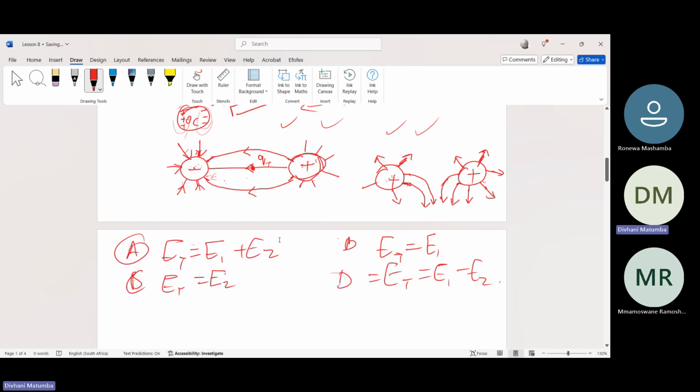For the first case, which one is correct, if I'm calculating the electric field at this position?